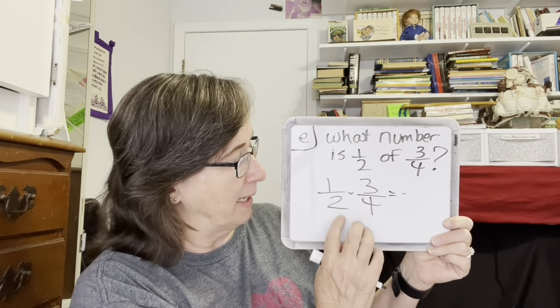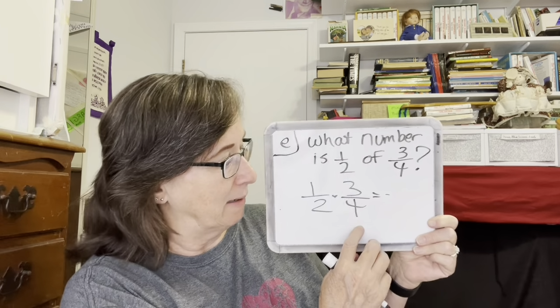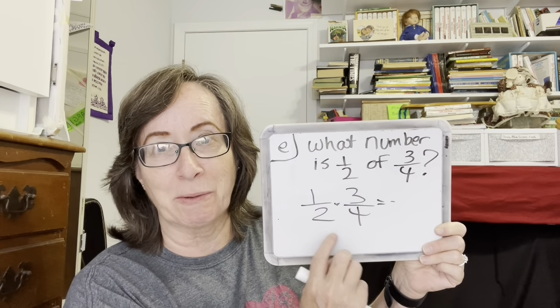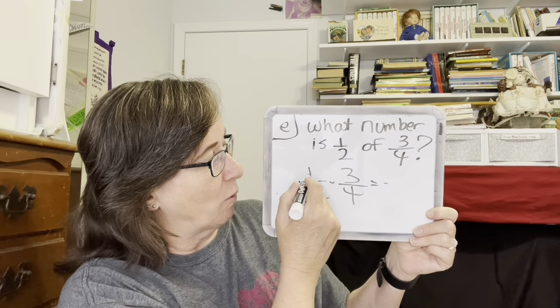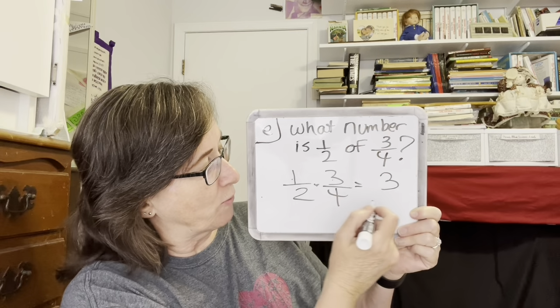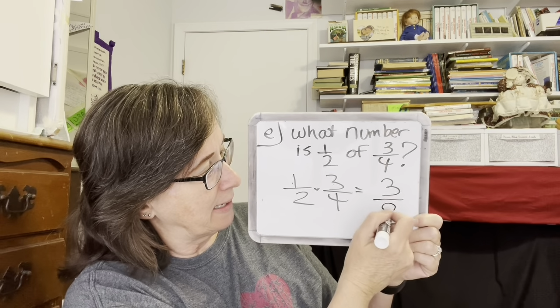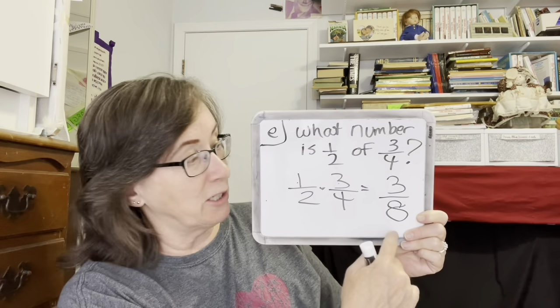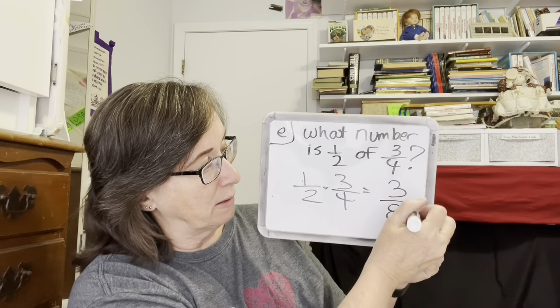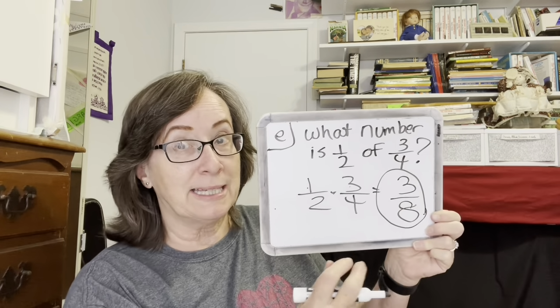And this is exactly what we just did in C. So 1 times 3 is 3. 2 times 4 is 8. I don't want just 3/8. I want to see your work on these problems. Okay, I want to see your work. F.